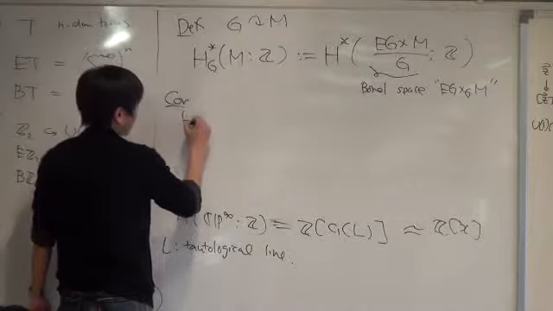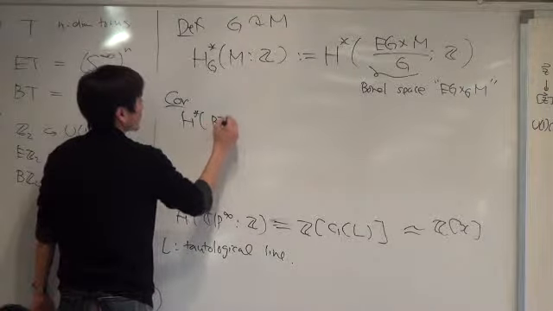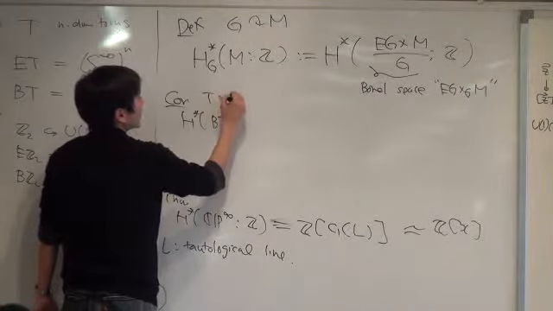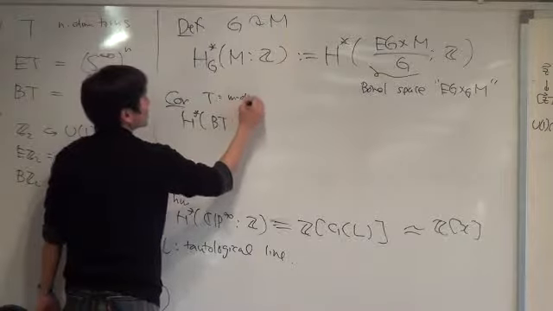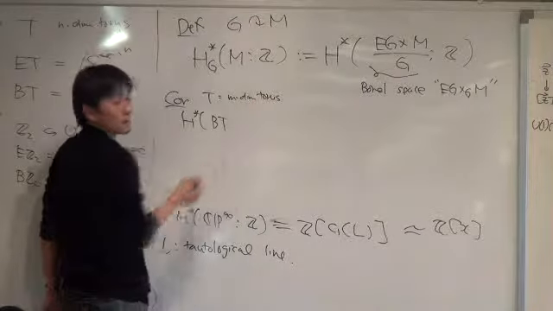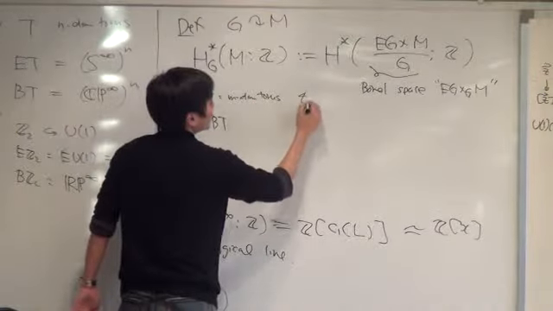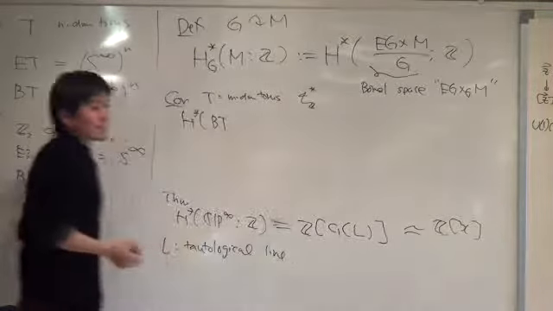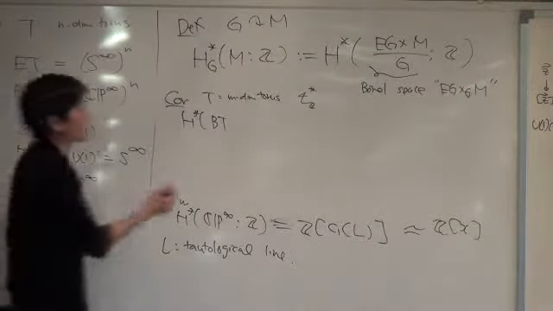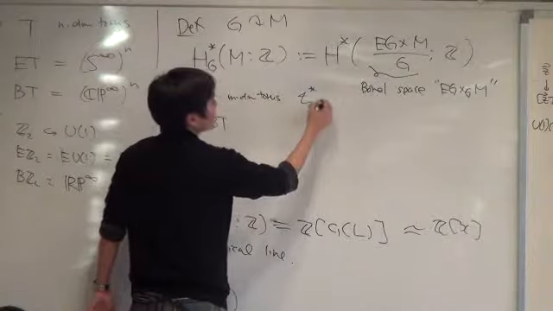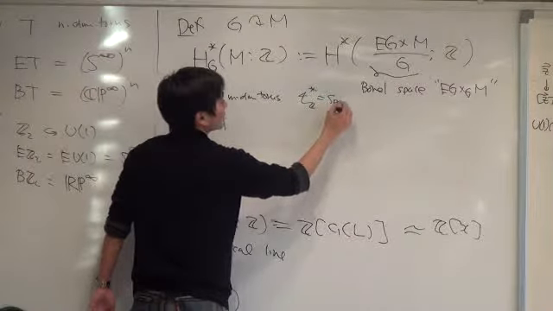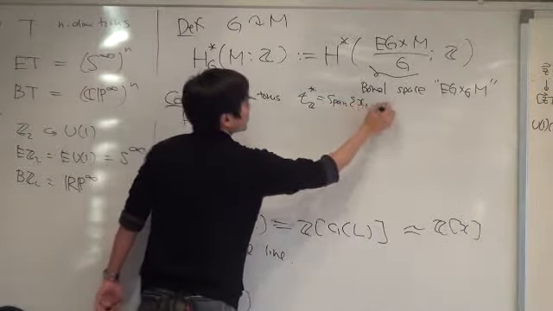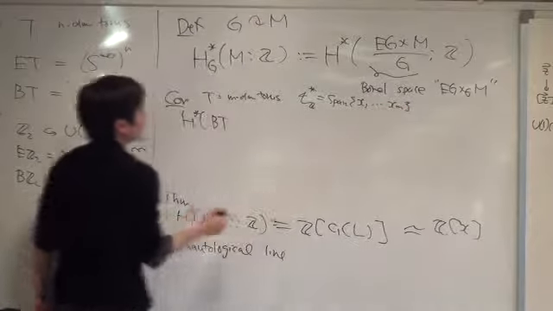Say T is an m-dimensional torus, and let's say the dual of the lattice, the kernel of the exponential map, is spanned by x1 through xm.